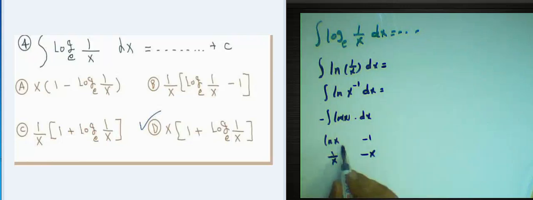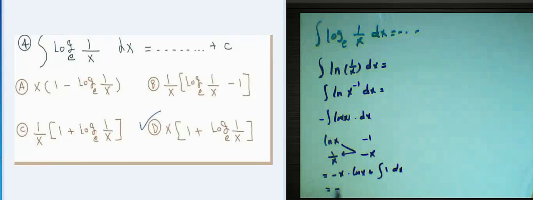Then multiplying, ln x times negative x will be negative x multiplied by ln of x, subtract the integration of the multiplication of the two functions, x times 1 over x, it will be 1 dx, and negative times negative equals positive.